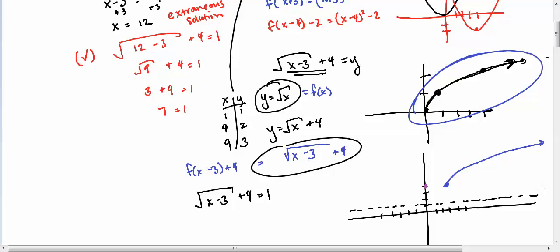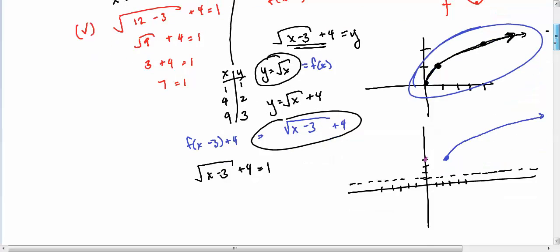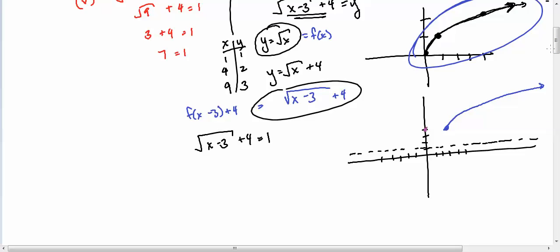However, Mr. Math is saying, here's where the extraneous answers come from. The graph is saying, well, actually, I told you, it looks like half of a parabola turned sideways.